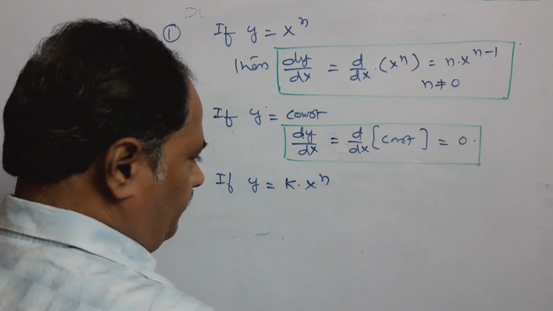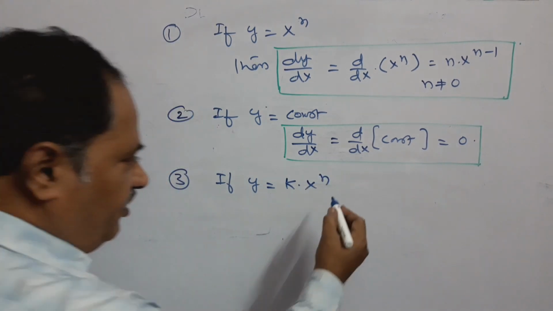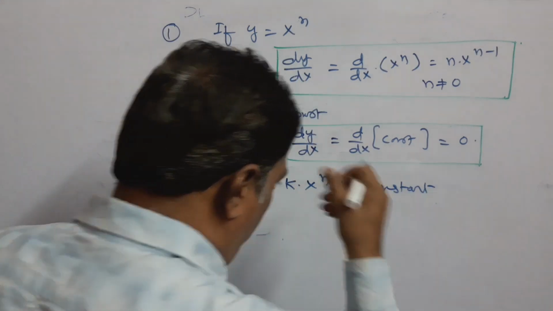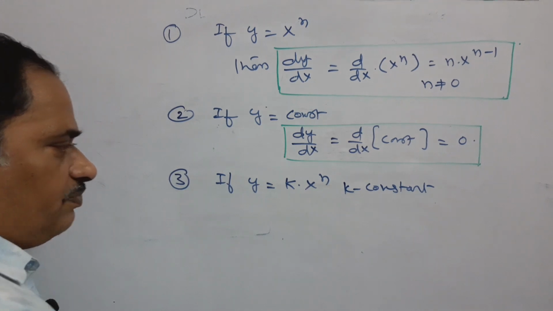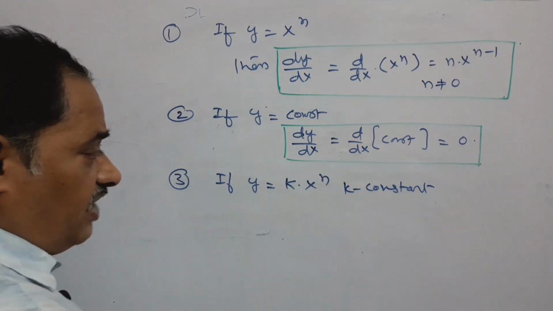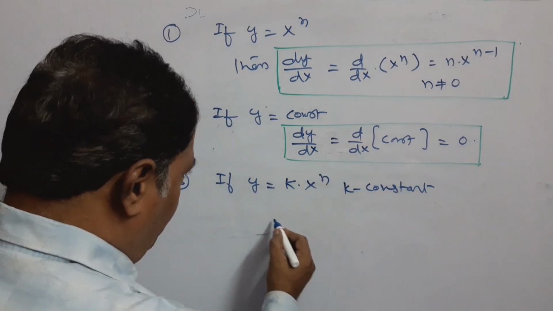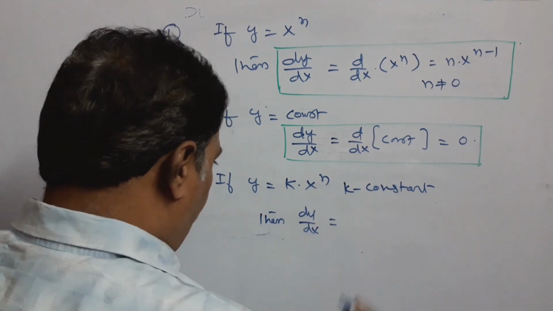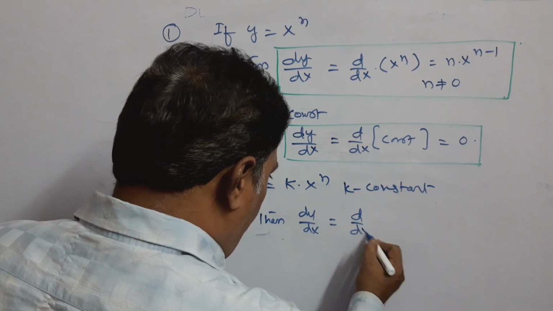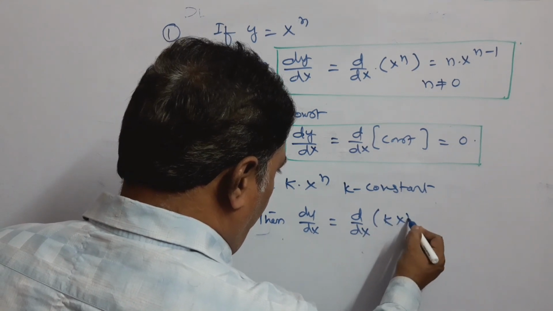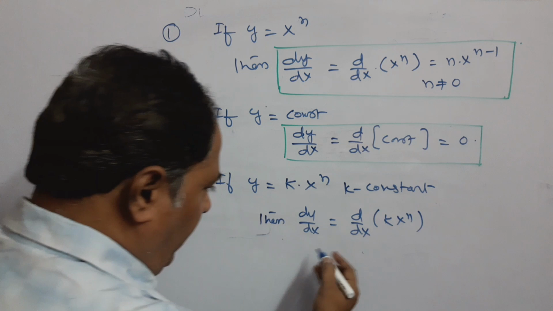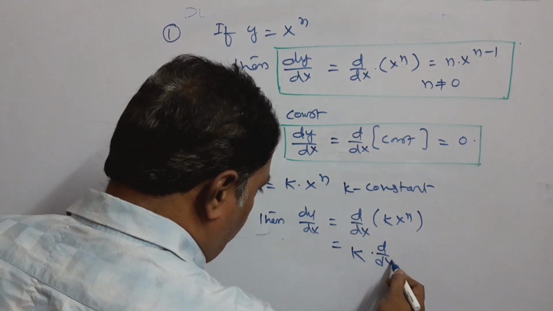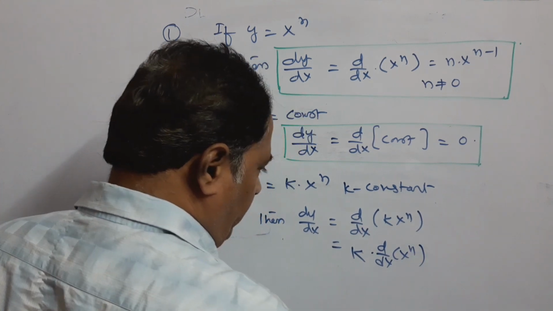And in the case of the third one, if y equals some constant k into x power n, here k is a constant definitely, but this is not an isolated constant. Here you have x power n coupled with it. In that case, dy by dx equals d by dx of k into x power n. Take k outside as a constant, which leaves d by dx of x power n.